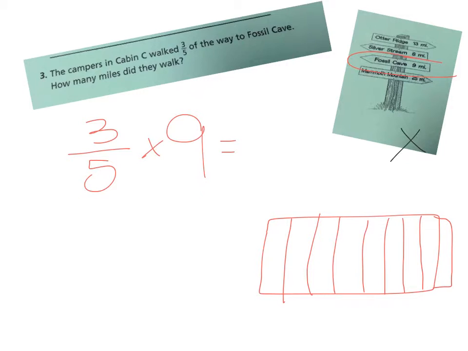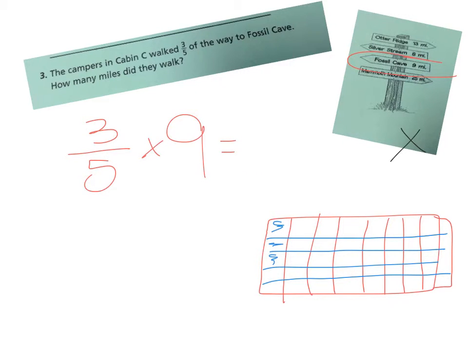And then I could say, okay, if I made that into fifths here on the side, each one of these miles they walked 3/5 of. Oh yes, they did. 3/5 of 1 mile, 3/5 of 2 miles, 3/5 of 3 miles. Yep, 3/5, 3/5. 9 times they walked 3/5, and that would give me 3/5 plus 3/5 plus 3/5.